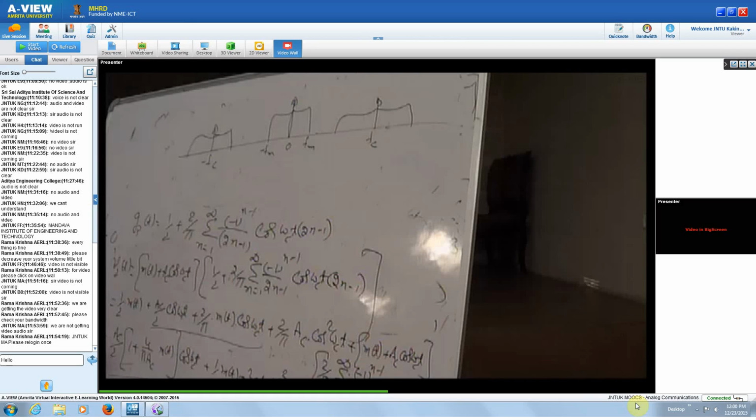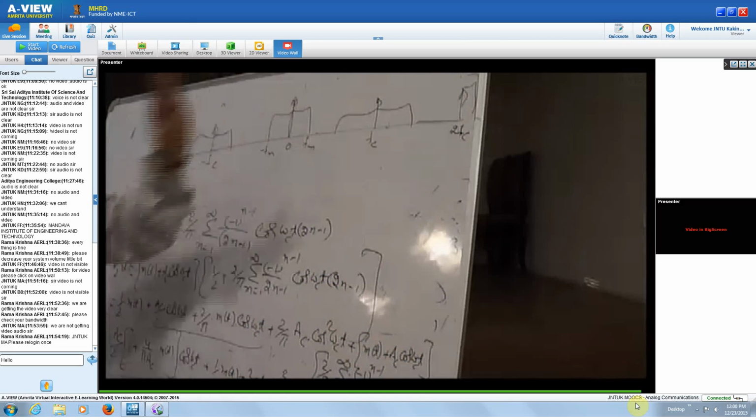Then minus Fc. Yeah, because of cos square omega ct. So because of cos square omega ct, you have these two, and then the DC term.